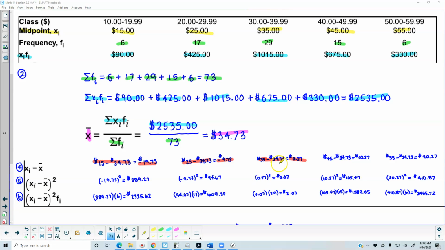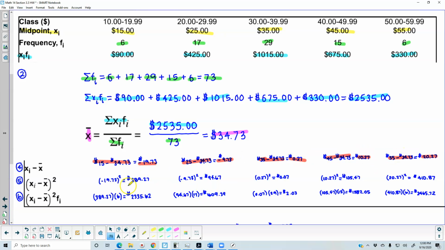And 35 minus 34.73 gives us 27 cents. 45 minus 34.73 gives us $10.27. And then 55 minus $34.73 gives us $20.27.